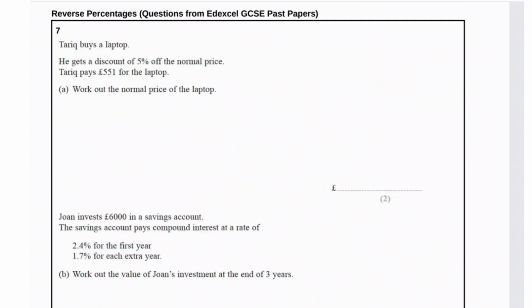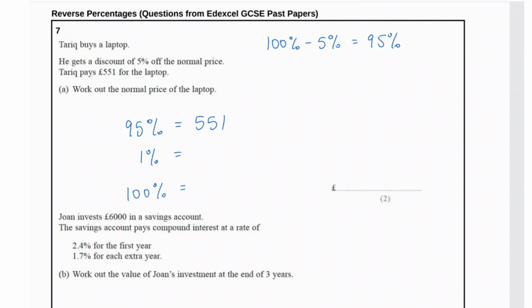Question 7 here, a bit more like the reverse percentage questions we're used to. If he gets a 5% discount off the price, then he is paying 95% of its original price. So it's 95%, that's equal to 551. We can go to 1% and then to 100%.